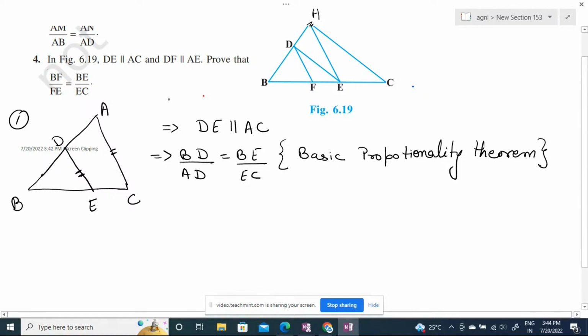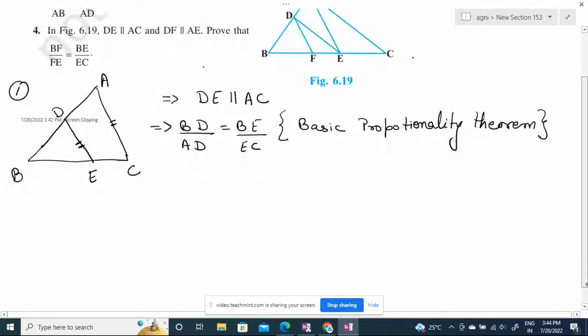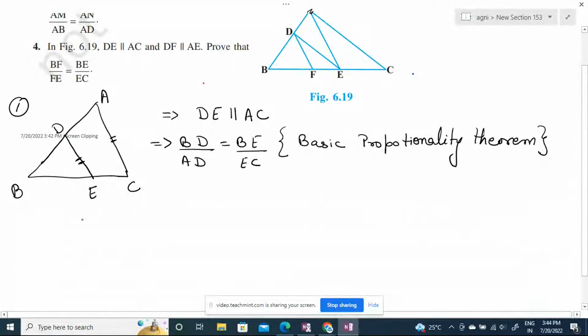Now, DF is parallel to AE. Now, this is the triangle.